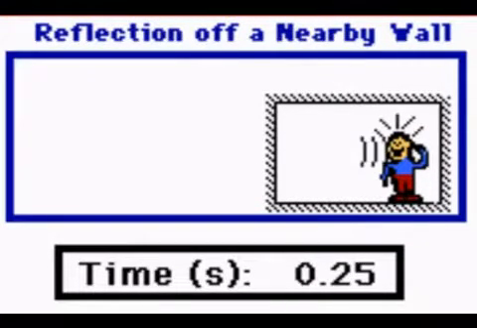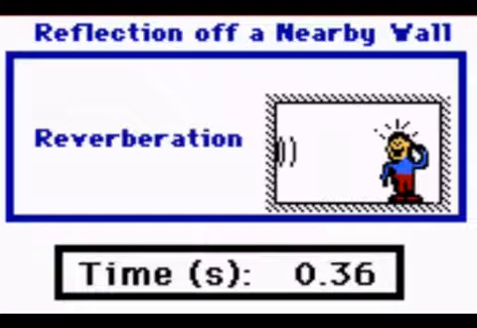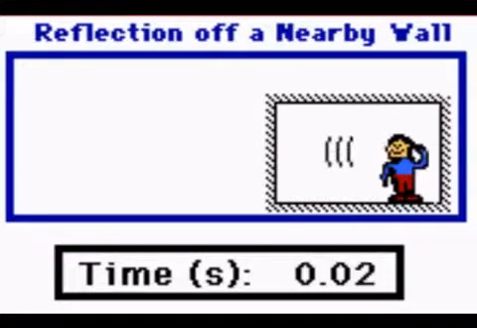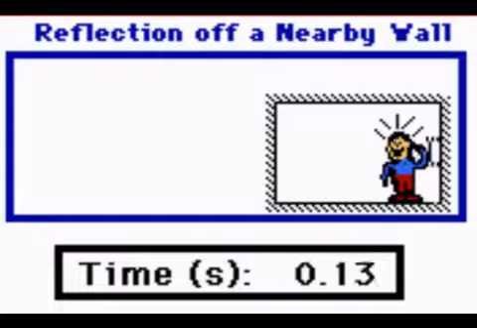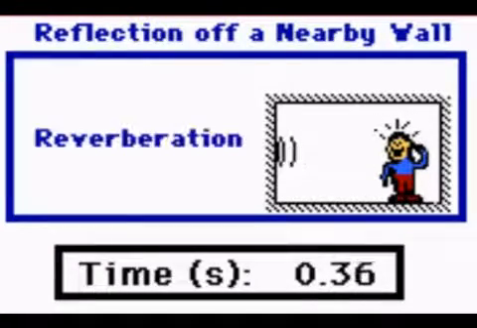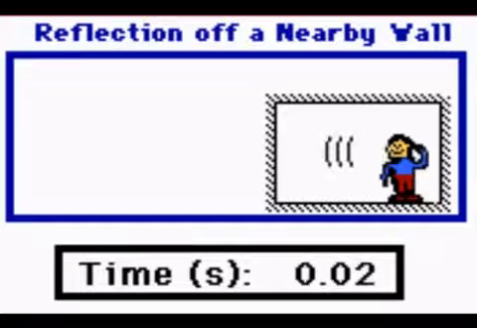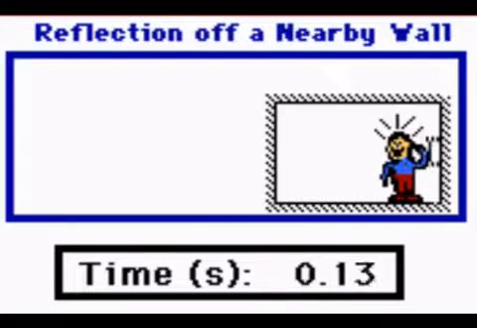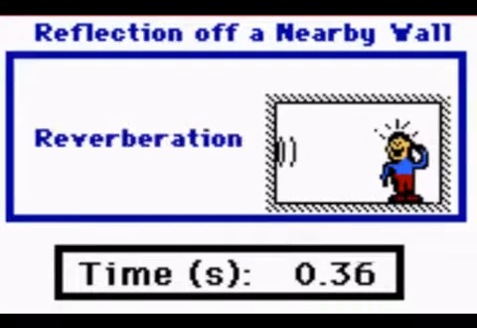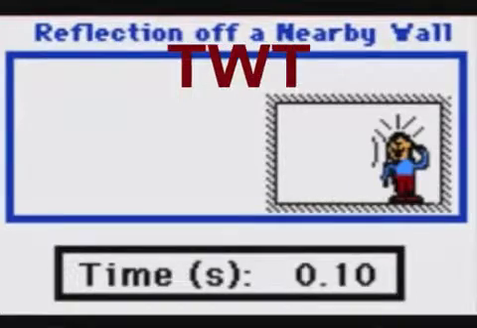He shoots off his energy wave, and using a receiver with a timing device, he can now get the time and calculate how long it took for the wave to travel to the wall, reflect off of it, and travel back. He can measure the sound wave's two-way travel time, TWTT. He records that the TWTT is 0.1 second.